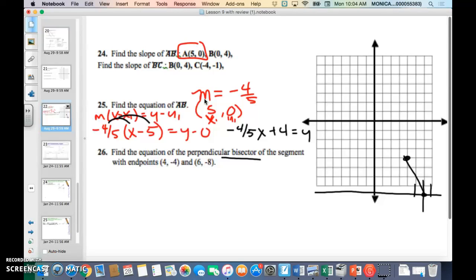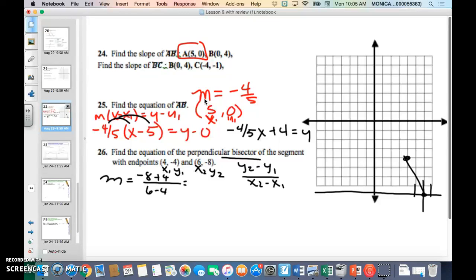But the first thing we have to do is find the slope. So m equals, this is x1, y1, x2, y2. So slope is y2 minus y1 over x2 minus x1. So it's negative 8 minus negative 4, which is plus 4. And then it's 6 minus 4 on the bottom.